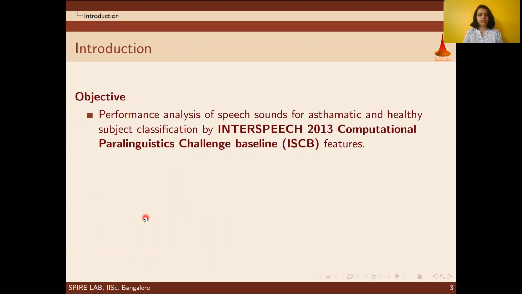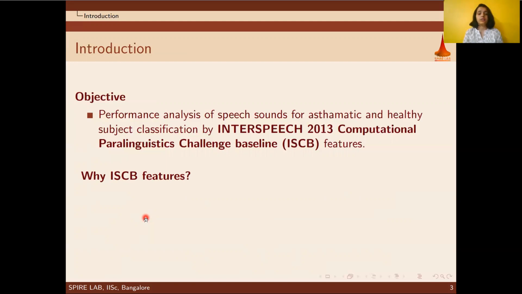Before the problem statement, first I want to tell you about the objective of our paper. In this paper, we want to study the Interspeech 2013 Computational Paralinguistics Challenge baseline features, also referred to as ISCB features, for asthma and healthy subject classification. Now, the question is, why ISCB features?